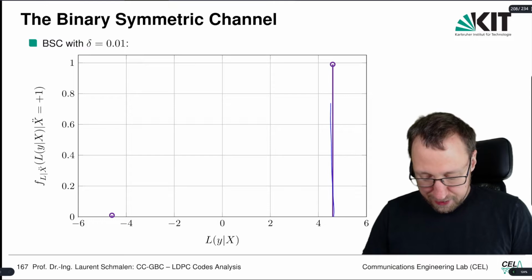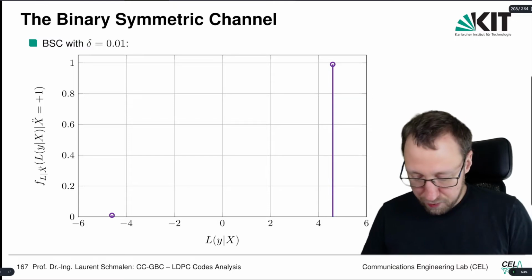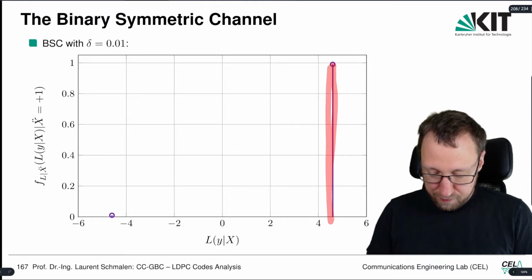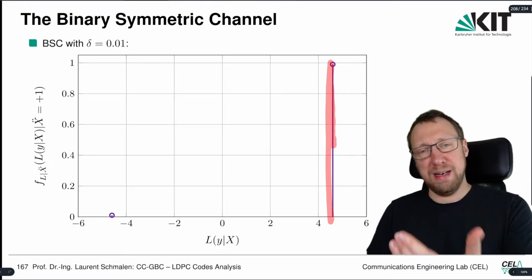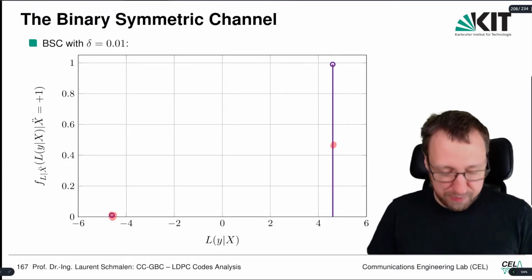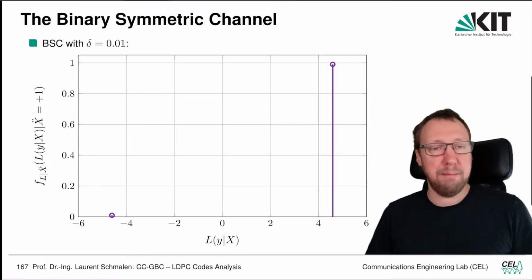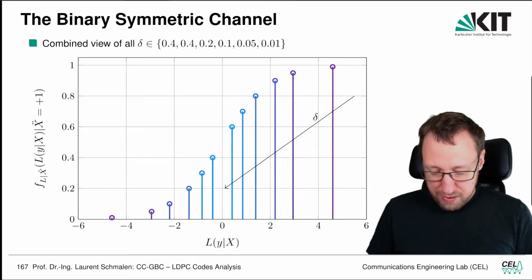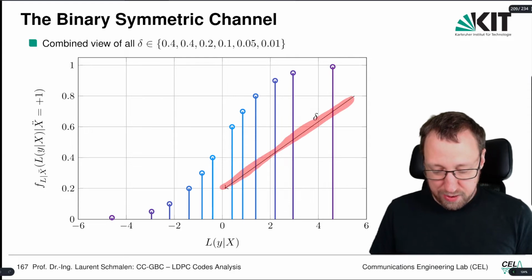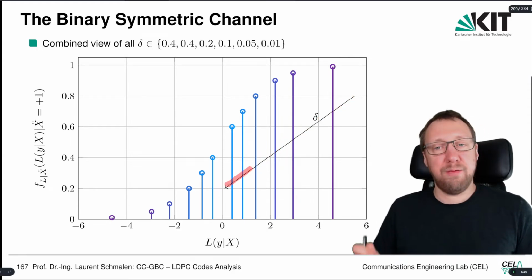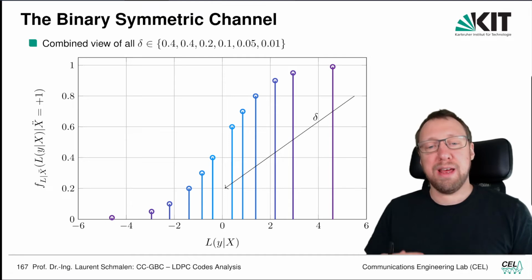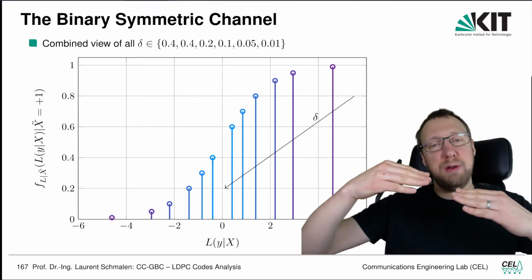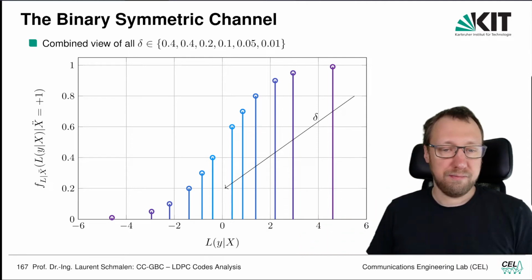We have a big Dirac of probability 0.99 at L_C, which is log of (1 minus delta) over delta, and a Dirac of 0.01 at minus L_C. So this is summing up everything. The Diracs move closer together if we increase delta, the channel becomes less reliable, and the height difference becomes smaller.